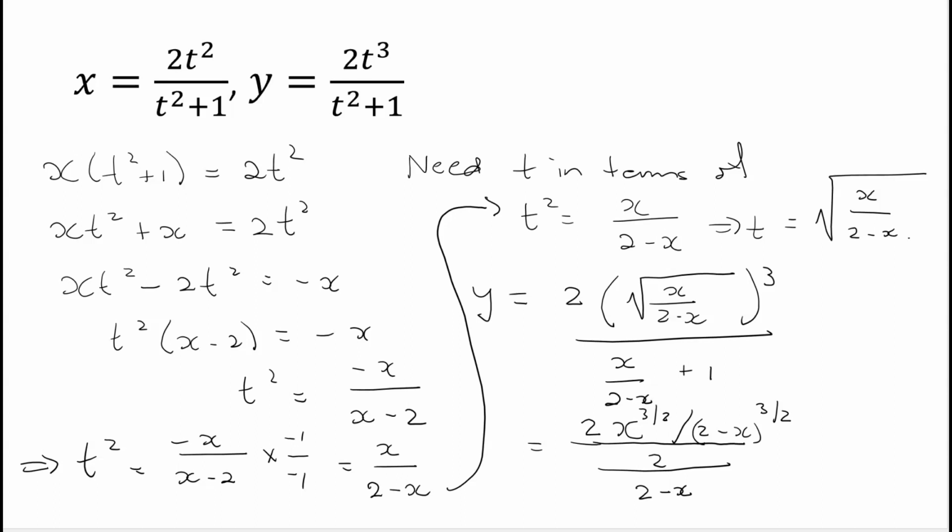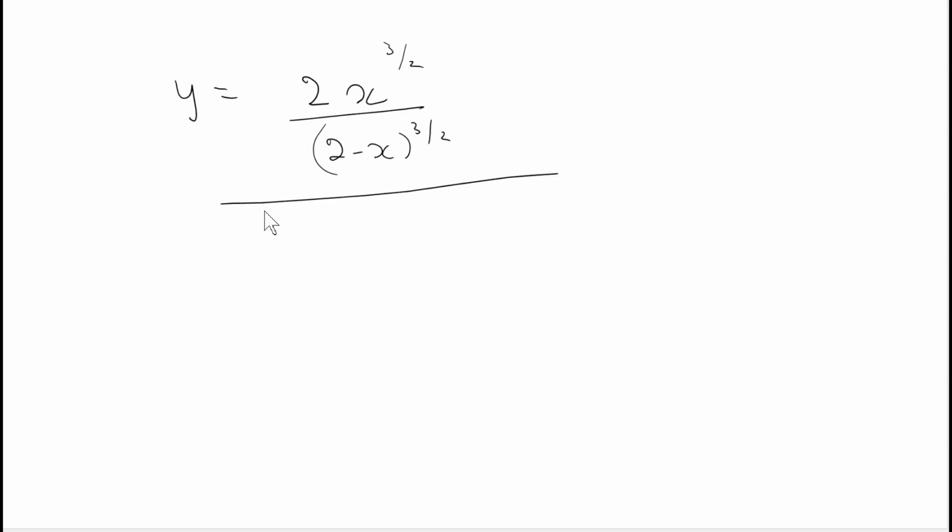Okay, now stop the video, insert a new slide, and so this is what we ended up with on the previous slide. So we had that y was equal to 2x to the 3 over 2 over 2 minus x to the 3 over 2. Then on the bottom line, we'd worked out that that was 2 over 2 minus x.